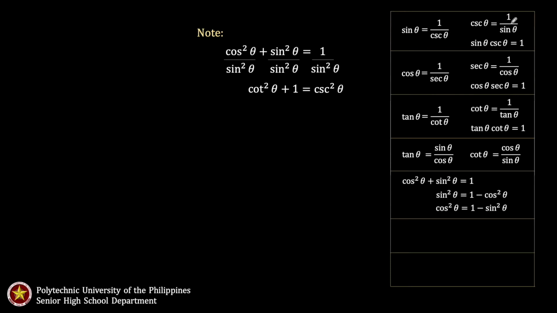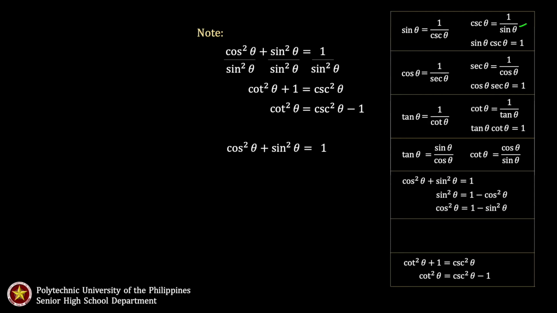That's it. So, we have cotangent squared theta plus 1 equals cosecant squared theta. Now, solving for cotangent squared theta, we have cosecant squared theta minus 1. So, this is our second to the last identity.